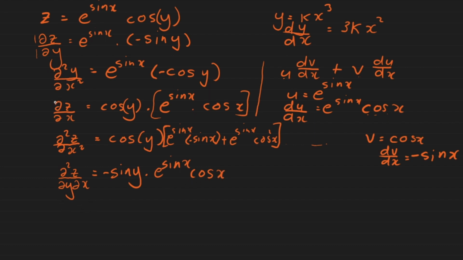Then finding the derivative of dz dx, now with respect to y, it'll be d squared z divided by dx taken with respect to y. So this is going to be the derivative of cos y with this kept constant. So the derivative of cos is minus sine, so we're left with minus sin y, and this is multiplied by the constant part, which is e to the power sin x times cos x.